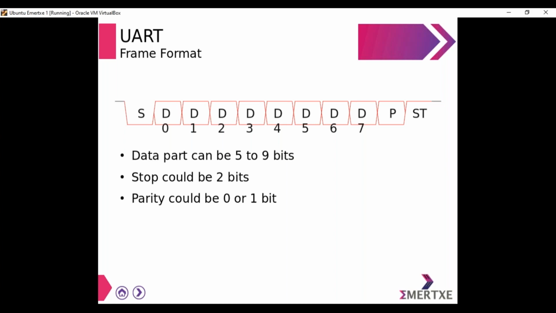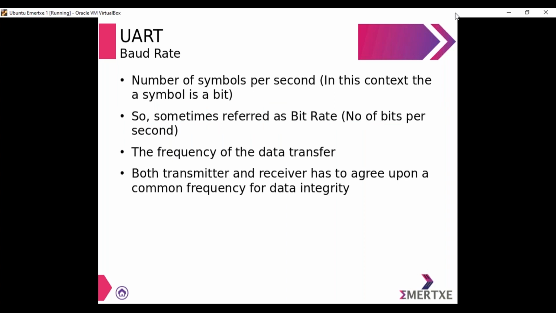Okay. Now the next thing is, it is talking about the baud rate. So baud rate is nothing but the rate at which the data gets transmitted or the rate at which the data gets received. So baud rate sometimes will also be referred to as bit rate, meaning the number of bits which get transmitted per second.